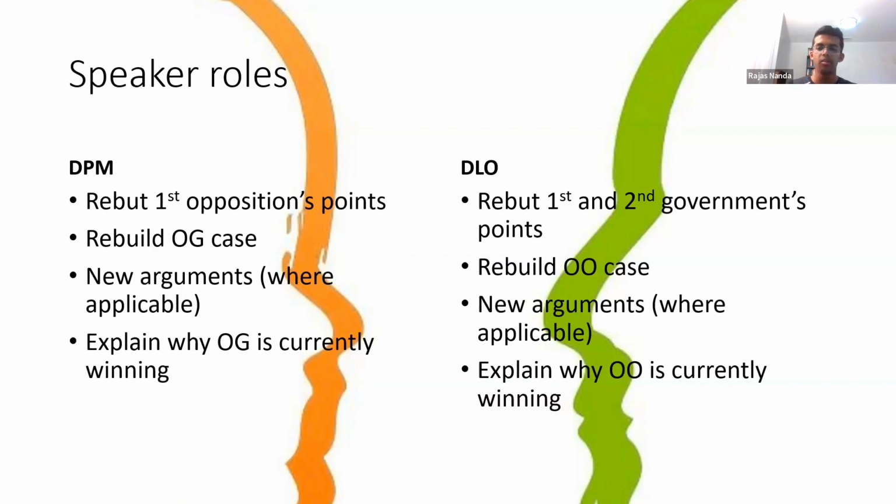So you want to finish off your speech by explaining why your team is currently winning. And there are lots of ways which you can do this. We'll explain that in other lectures as well. But overall, you just want to say, this is what my team has brought to the debate. This is what the other team has brought to the debate. Overall, these are the reasons why we win and why our points are stronger.